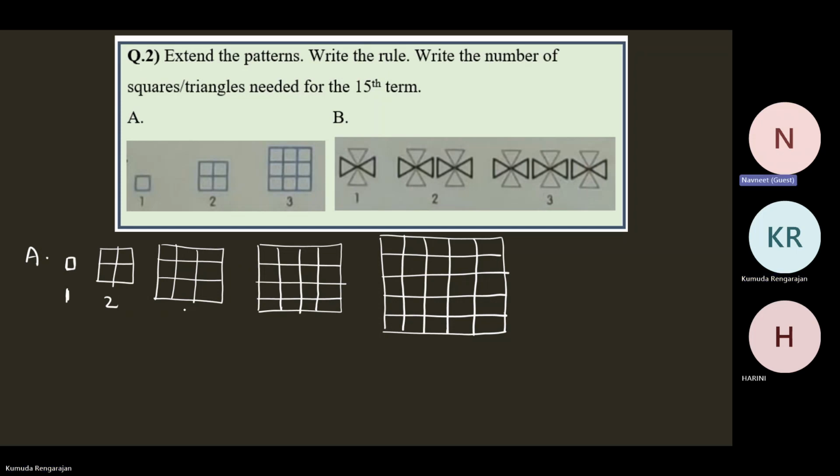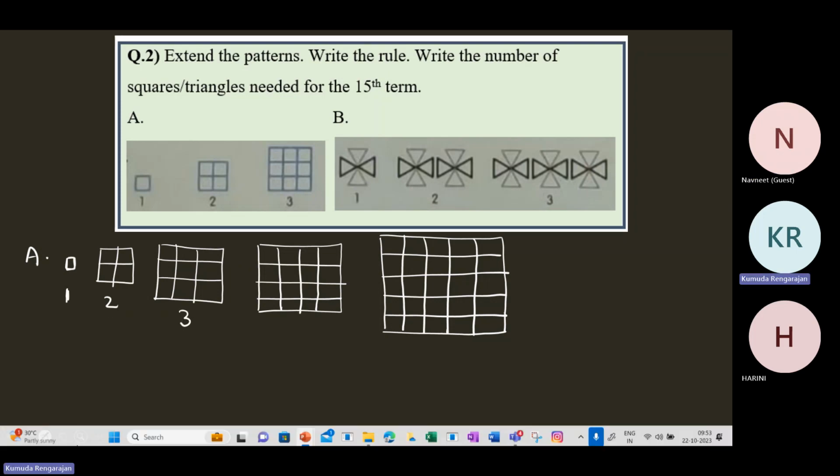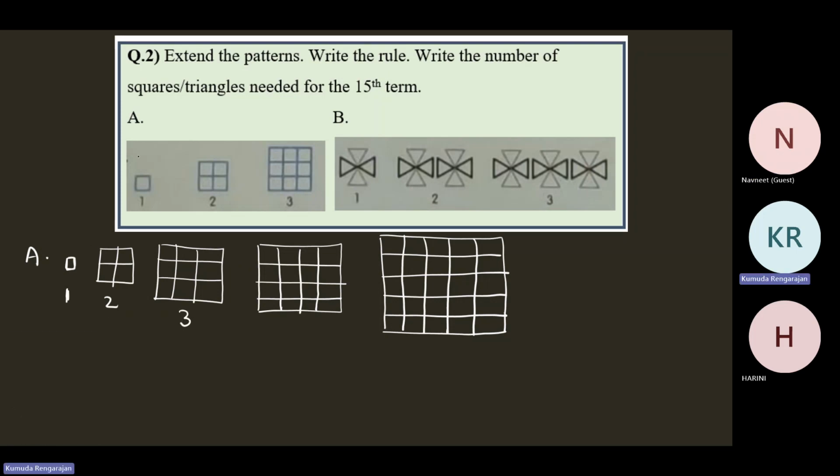Yes, so this one, you can count here. This is 1, 2, 3, 4 squares. Here 1, 2, 3, 4, 5, 6, 7, 8, 9 squares. Why 9 squares for 3? Because 3 square is 9. For 1, there's only 1 square.